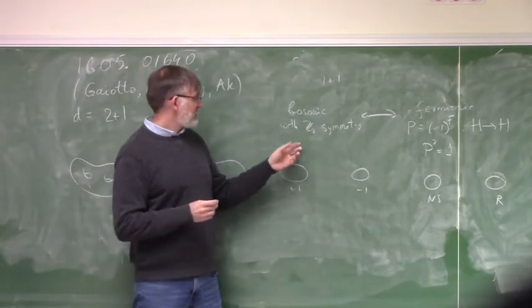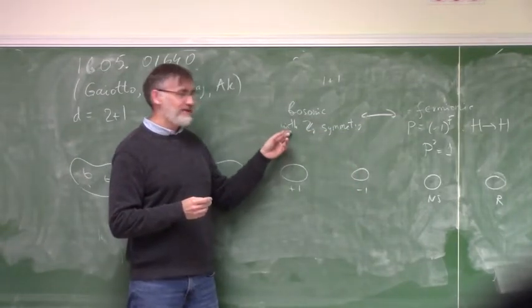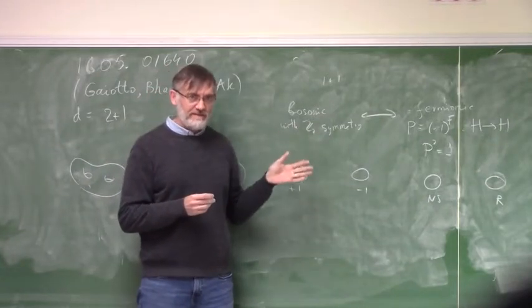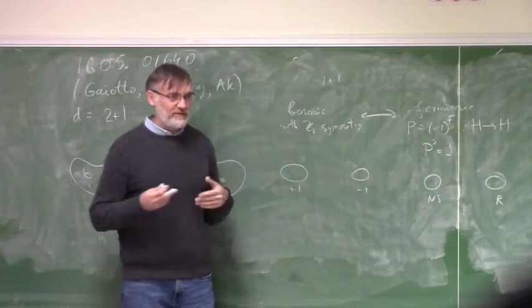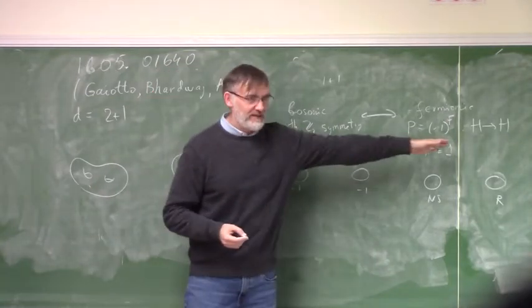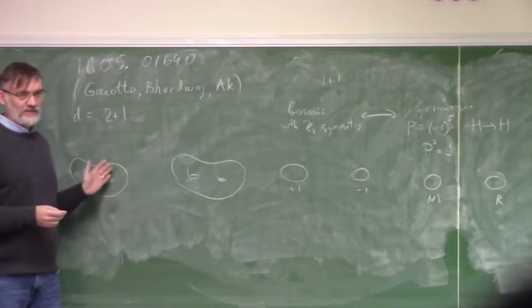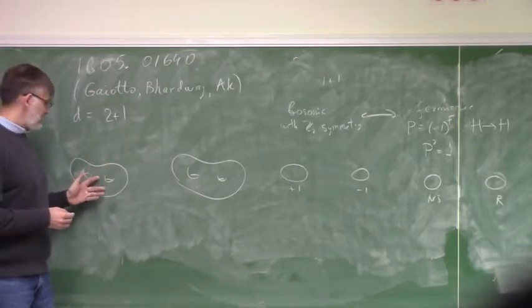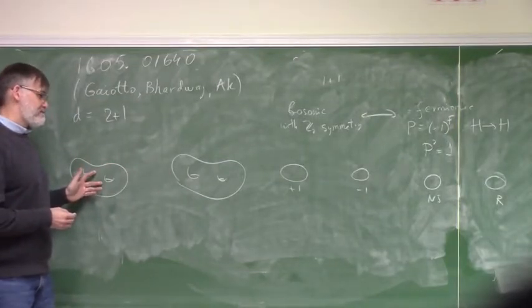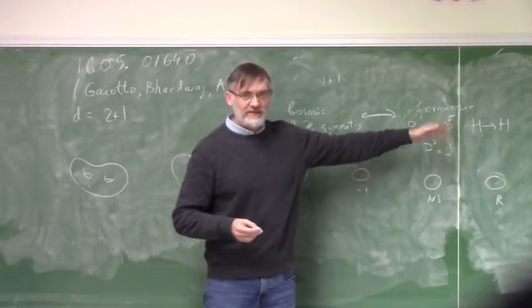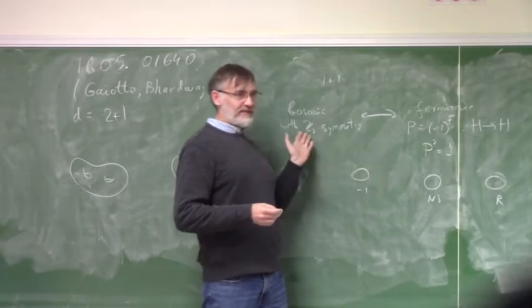Essentially what you're doing here is gauging the Z2 symmetry, summing over all gauge fields here, with some weights. And that's how to get there. So the question is, what's the analogous thing in 2 plus 1 dimensions? Or vice versa, you gauge fermion parity to get here.